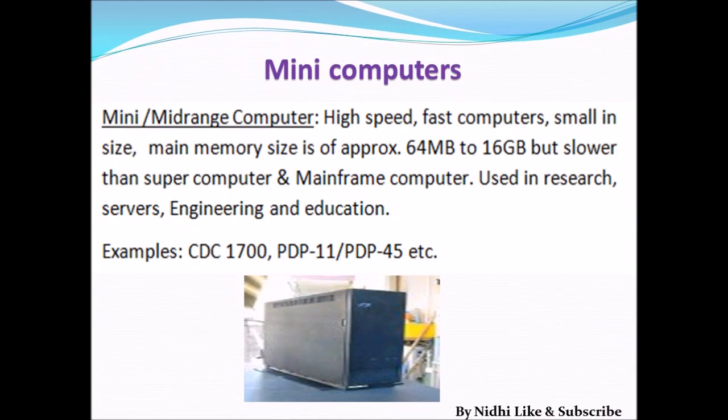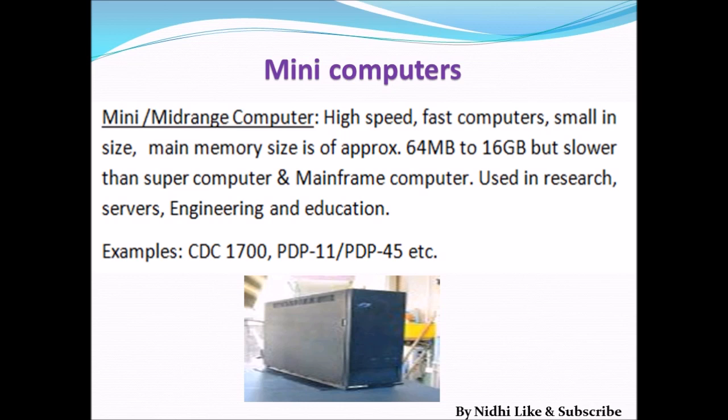Next is minicomputers. A minicomputer is also known as a mid-range computer. Their speed is slow as compared to supercomputer and mainframe computer, but they are also high speed, fast computers, and they are small in size. Memory size is approx 64 MB to 16 GB. Here main memory means RAM and ROM.